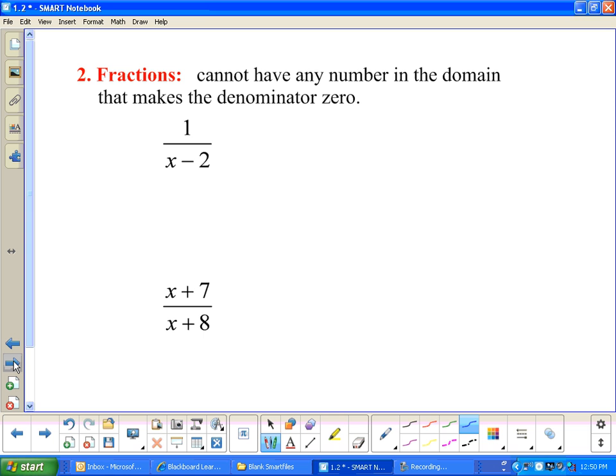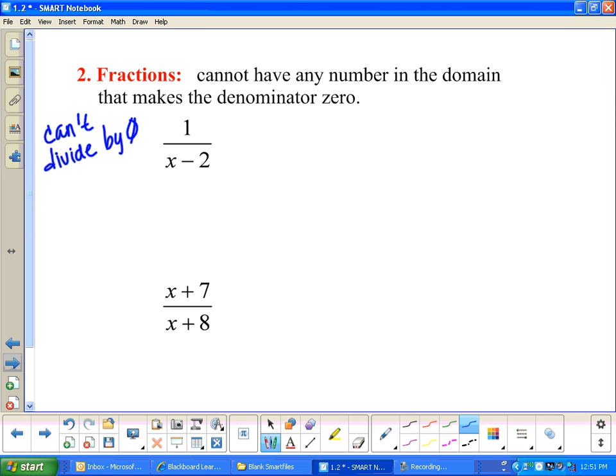In our second one, we're looking at fractions, or rational expressions. Okay? They have variables in the denominator. What we can't have is a number in the domain that makes the denominator 0. Since we cannot divide by 0, the denominator cannot be 0.